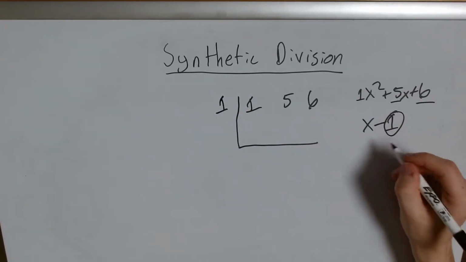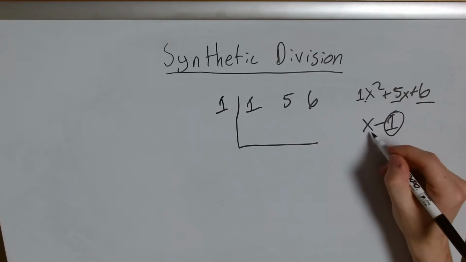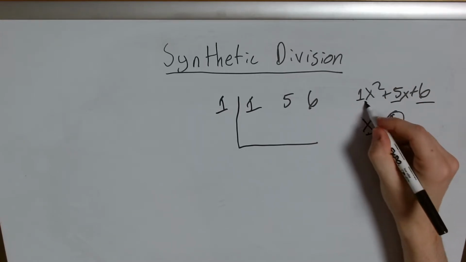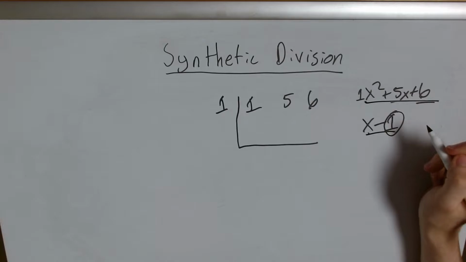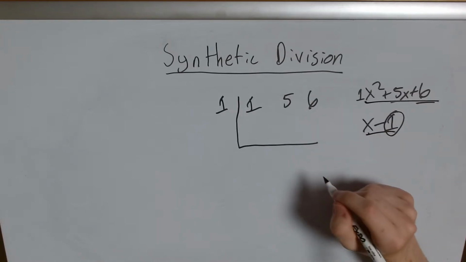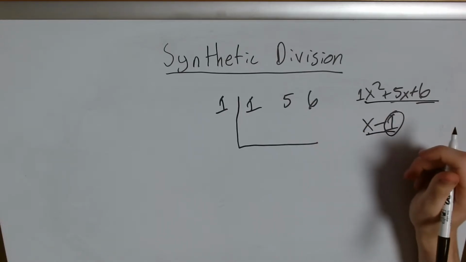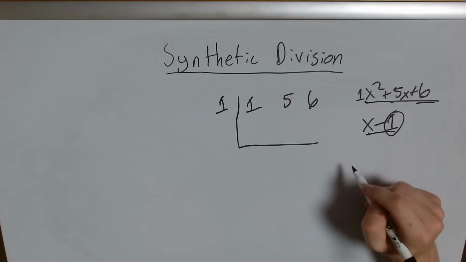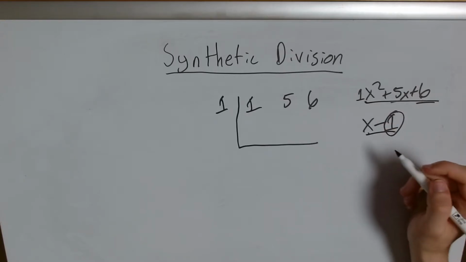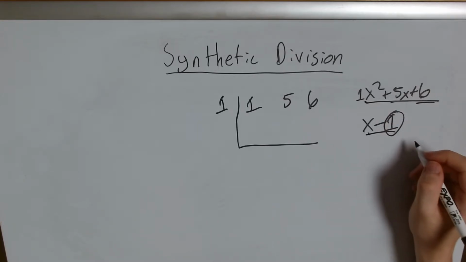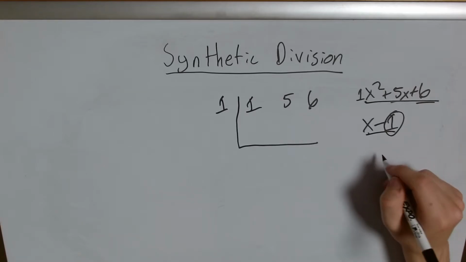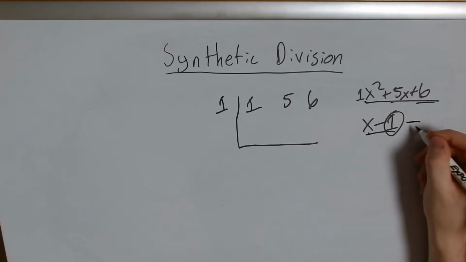Because what we're basically saying is, if this x minus 1 divides evenly into x squared plus 5x plus 6, it's a factor, right? We call things that divide evenly factors. So we have x minus 1 is a factor of this quadratic. What does that mean? Well, if it's a factor, that means it's a solution. We usually find solutions by setting them equal to 0.